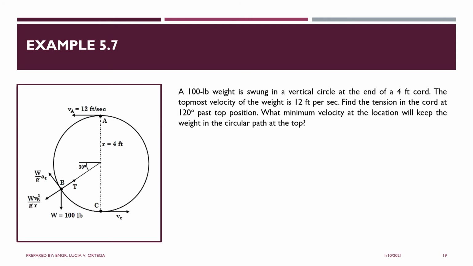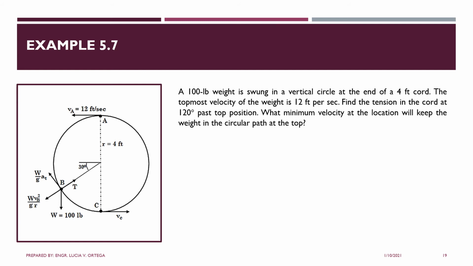So this would be the diagram. Starting at point A with an initial velocity of 12 feet per second, rotating in counterclockwise direction. Then it reached point B, 120 degrees from the initial location. So the forces acting on the weight: that's the weight, 100 pounds.